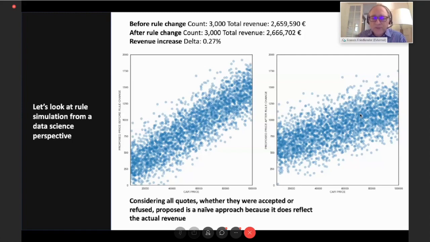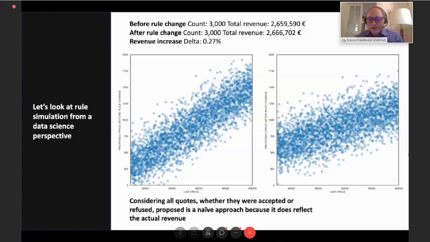Of course, business rules are deterministic, so it should be a curve, but there are many hidden dimensions, for example, the age of the driver, etc., which I did not show. So this is why you have a cloud. But anyway, when you change the business rules, you change the shape of this cloud. And so on the right-hand side, you can see what is the impact of the rule change on the price that you are proposing to the client. You can see there is a change.